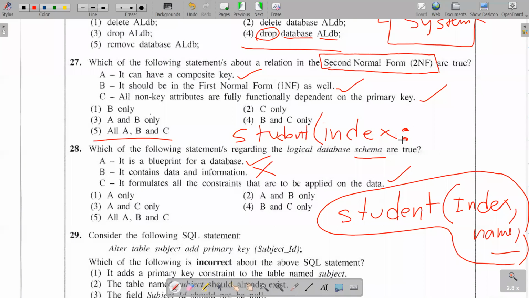And you can express any other constraints inside it as well. So this statement can be taken as a true statement, right? So A and C only is going to be the answer for 28. Third one is the answer. Yes, right. 29.